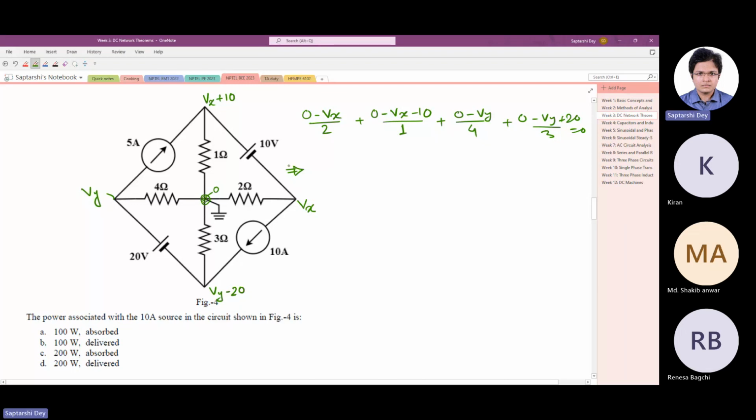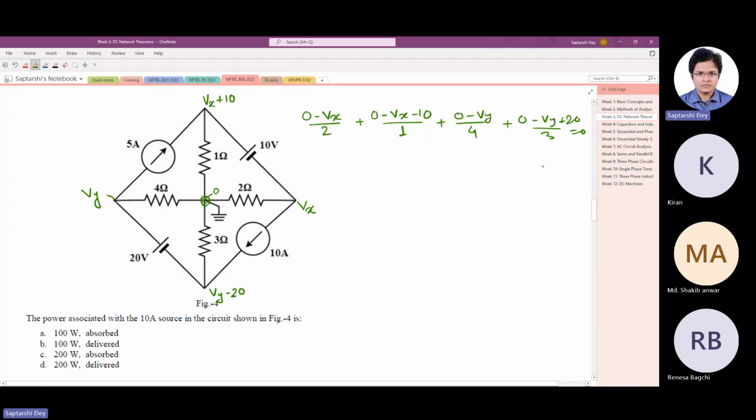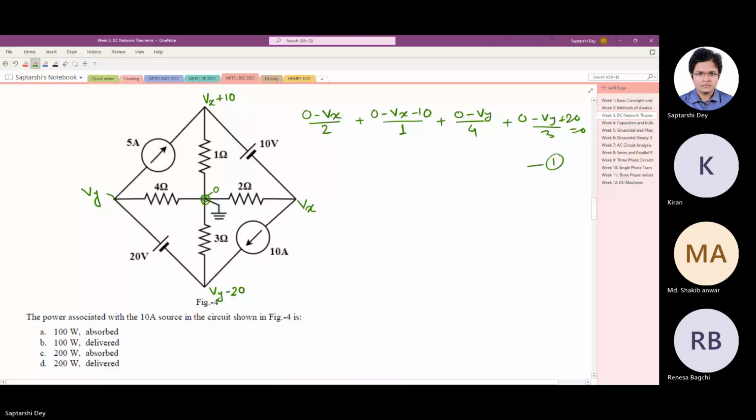Okay, so this is one equation. Just keep it like this for now. And what should be the other equation?